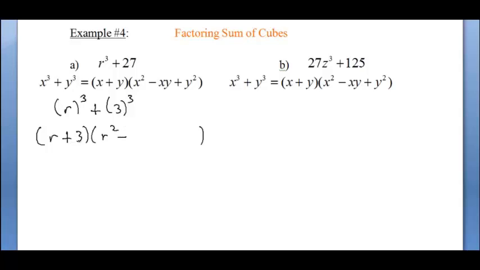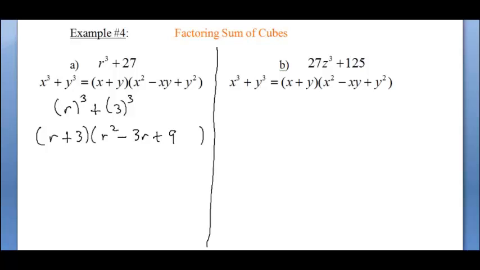So 3 times r is 3r, and it's always plus, and we're squaring the last term, and 3 squared is 9. So our answer would be the quantity r plus 3 times the quantity r squared minus 3r plus 9.